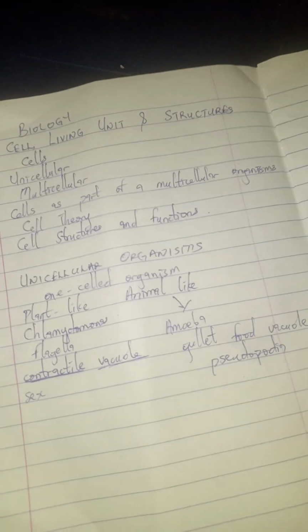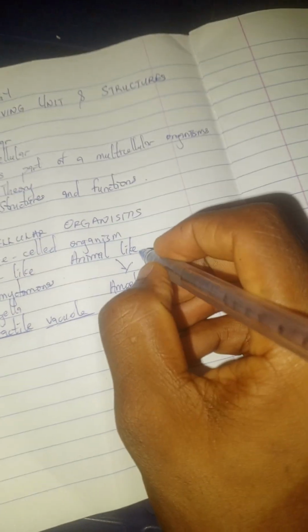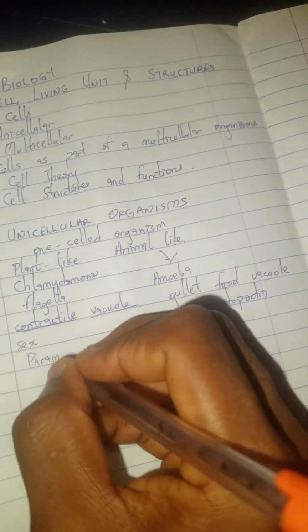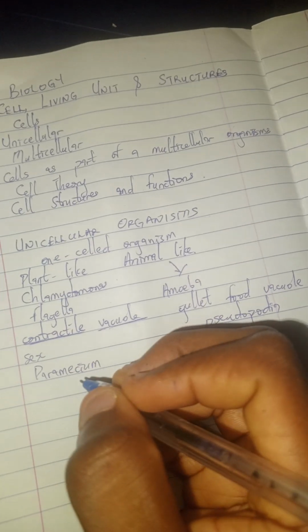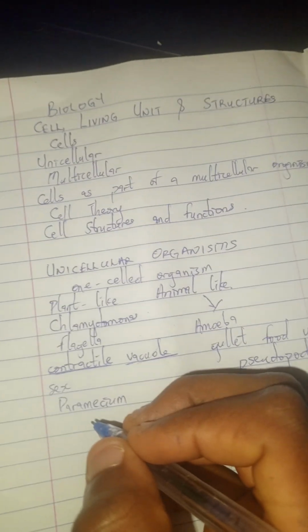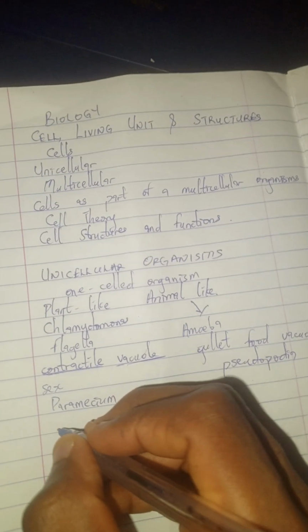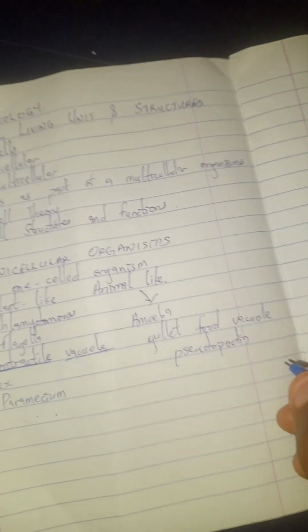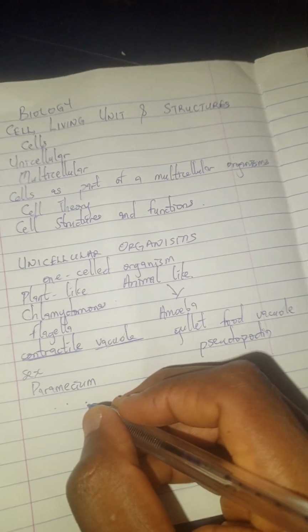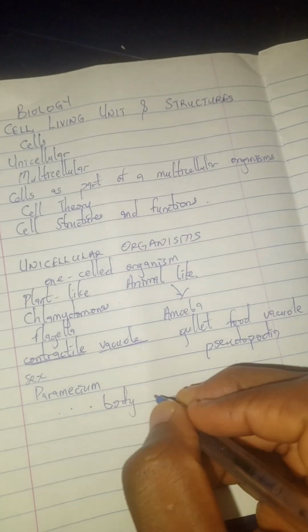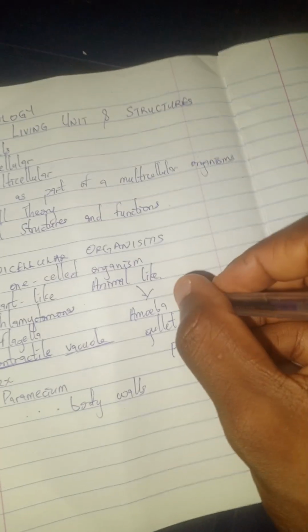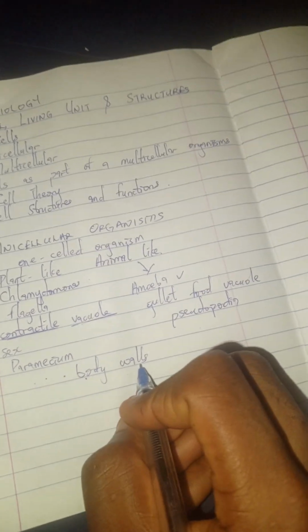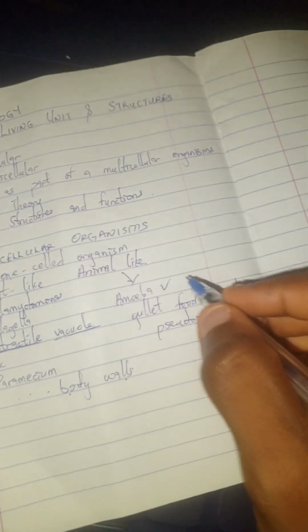Now, we will look at another animal-like unicellular organism, which is the paramecium. The paramecium is also a simple unicellular organism whose body wall is more complex than the amoeba's.